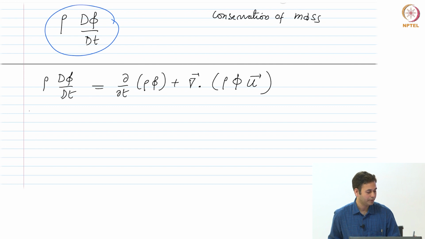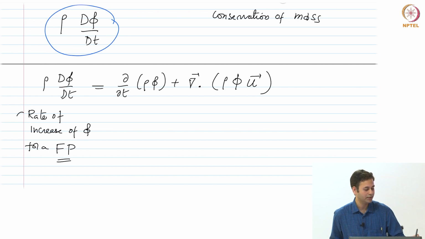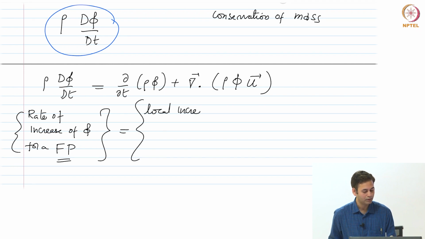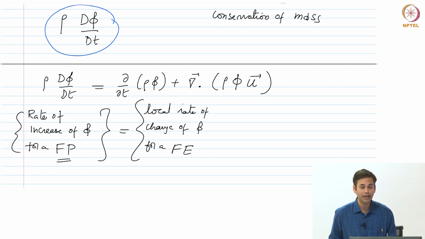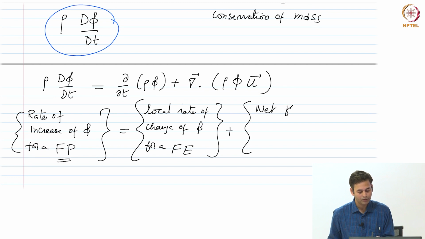So, this is rate of increase of phi for a fluid particle, I am writing Fp, okay, that is as we follow the fluid particle, equals the local increase or local rate of change of phi for a fluid element, which is Fe, plus we say the net flow rate of phi out of the fluid element.